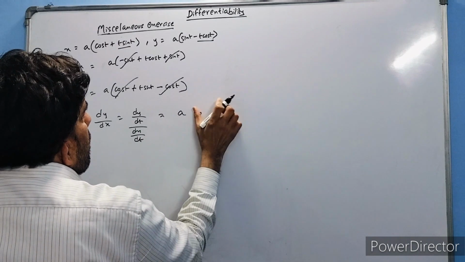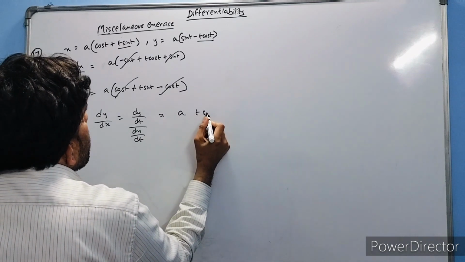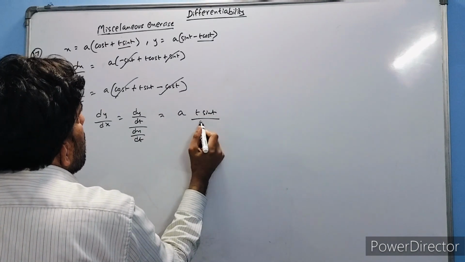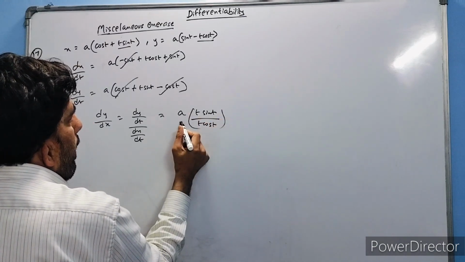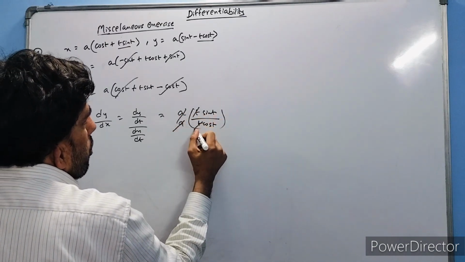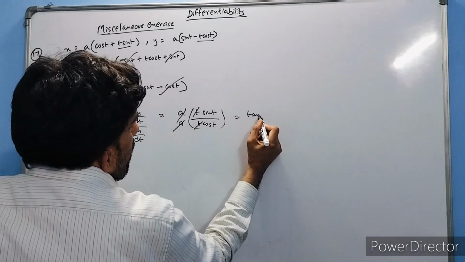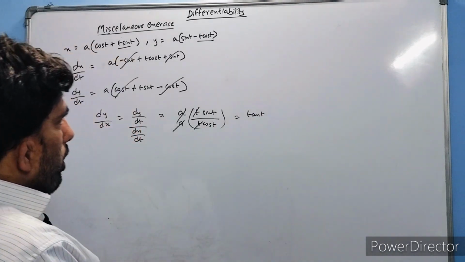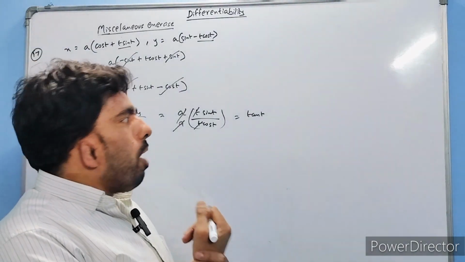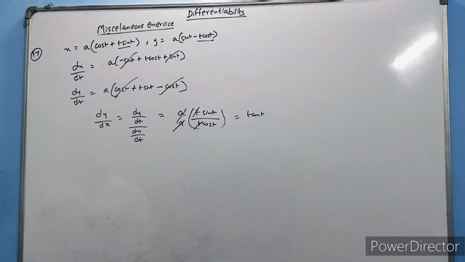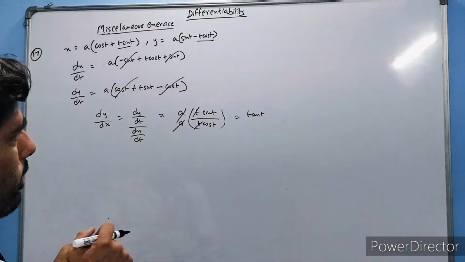So I am now left with t sin t upon t cos t, and we have a here, so it will reduce, and we have tan t. So we find dy upon dx is tan t.